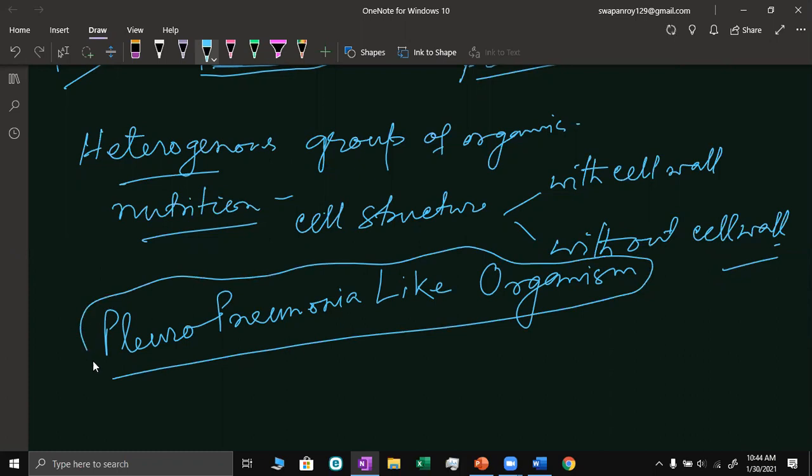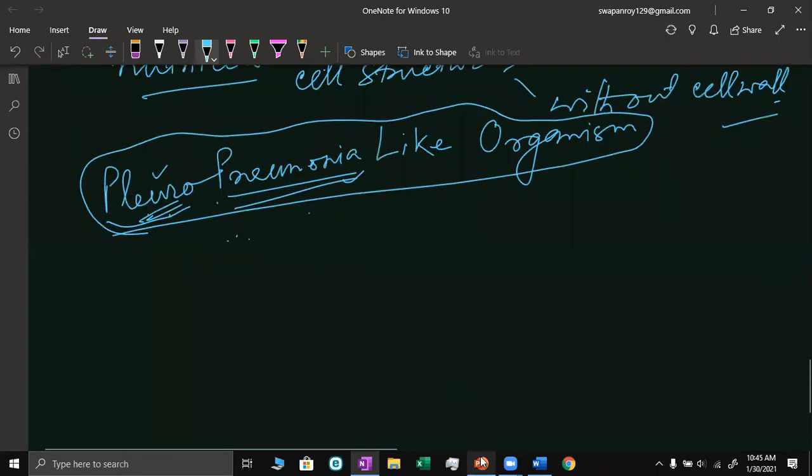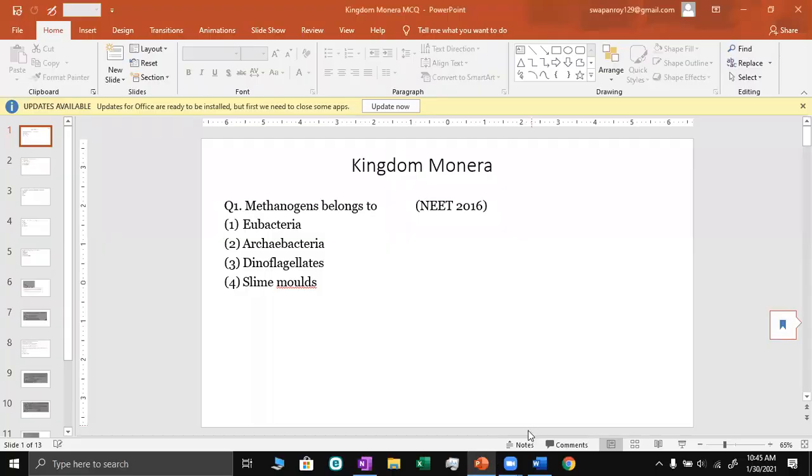They cause pneumonia in animals. The pleura is the protective covering of the lungs, and they mainly infect this pleura of the lungs and cause pneumonia. So this is also known as pleuropneumonia-like organism, PPLO. Now let us solve some questions on this.